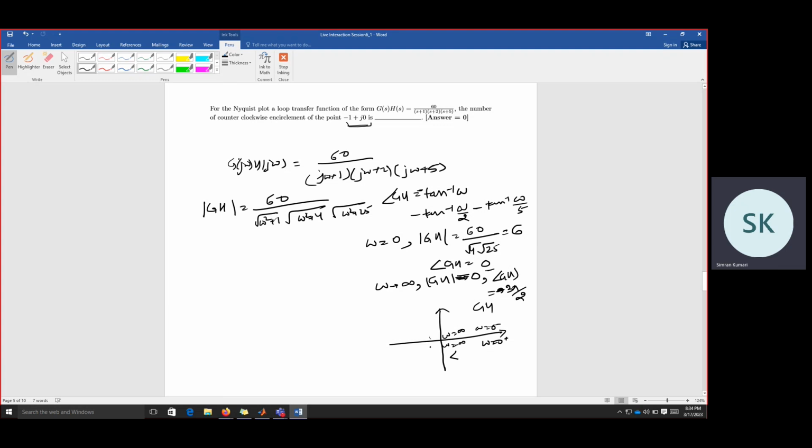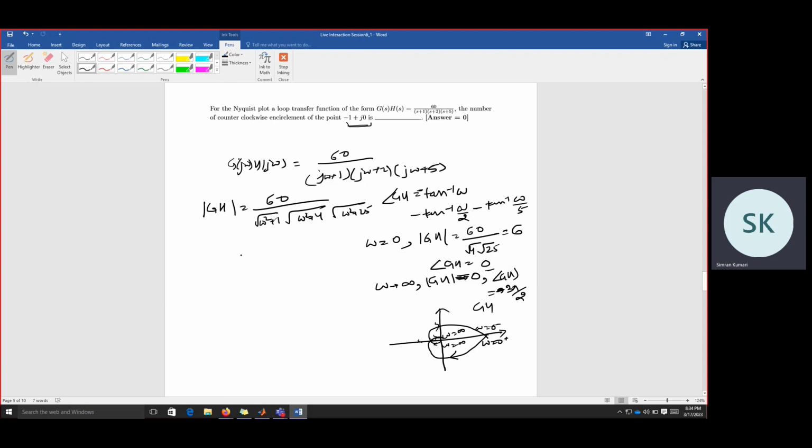So it is kind of this. Now in this case, this -1 + j0 can be inside this region or it can be outside.